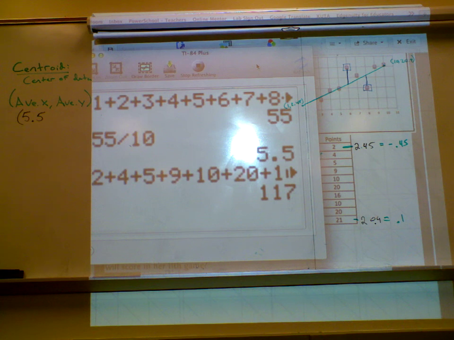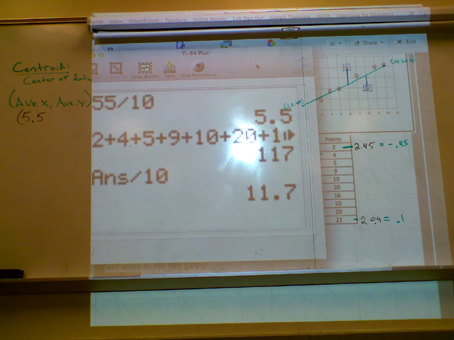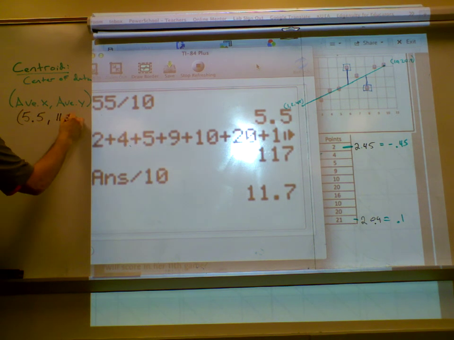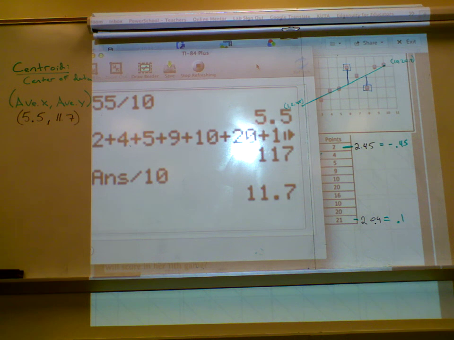So we do 117 divided by 10. Over these first 10 games, her average is 11.7. She scored above 11.7 and below 11.7, but the center is 11.7. So our centroid is 5.5, 11.7.